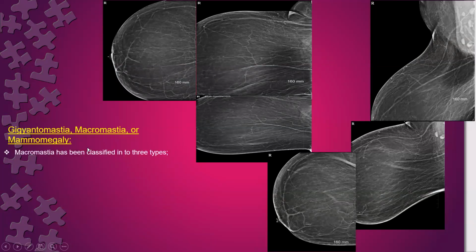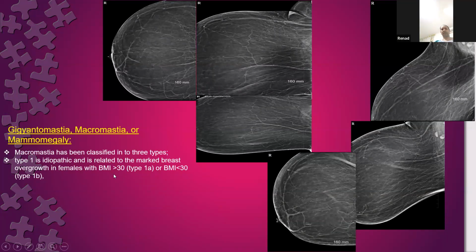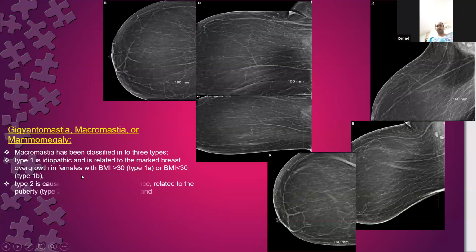Macromastia is classified into 3 types. Type 1 is idiopathic, related to body mass, overgrowth in females. If body mass index is larger than 30, type 1A; if less, type 1B.